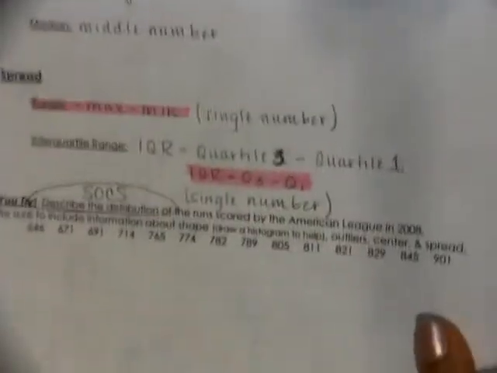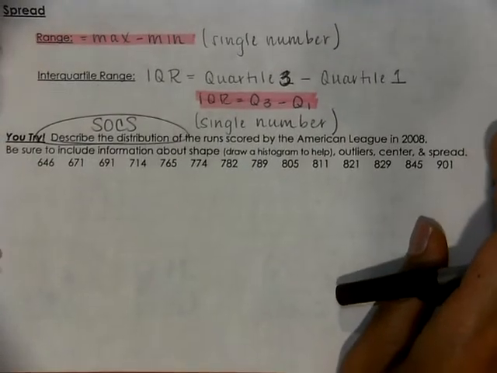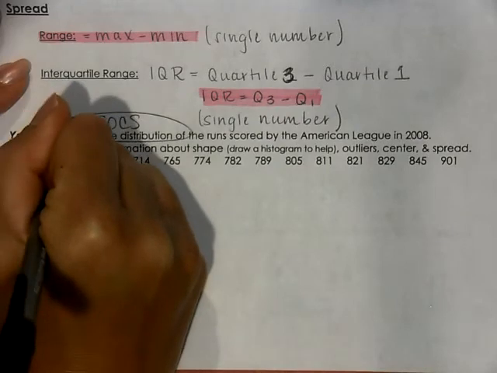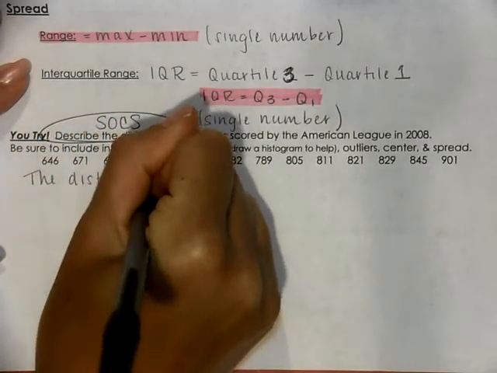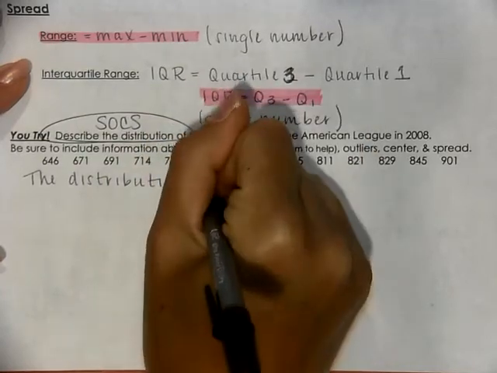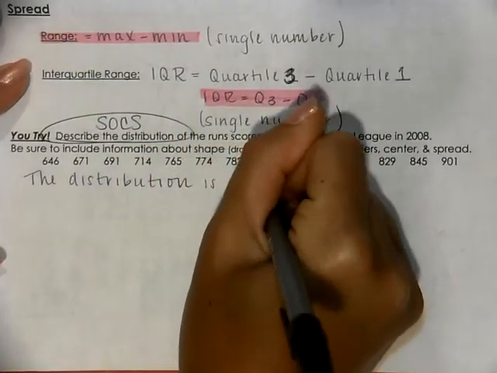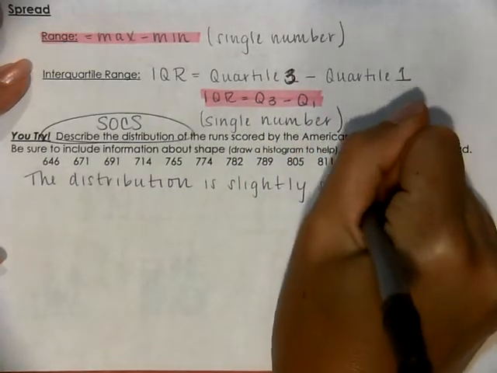So let's take the shape and the outliers and kind of weave that together into one sentence. Describe the distribution. The distribution is, and even if you wanted to, you could use the word slightly, but you do not have to, skewed left.